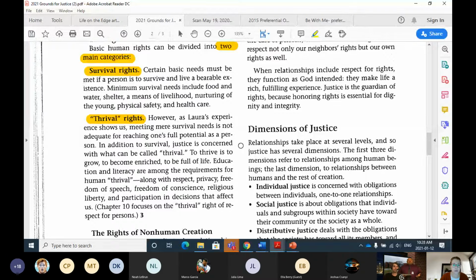So, means of livelihood. Where did I read that? Oh, okay, right here. A means of livelihood just means basically the ability to live a decent life.